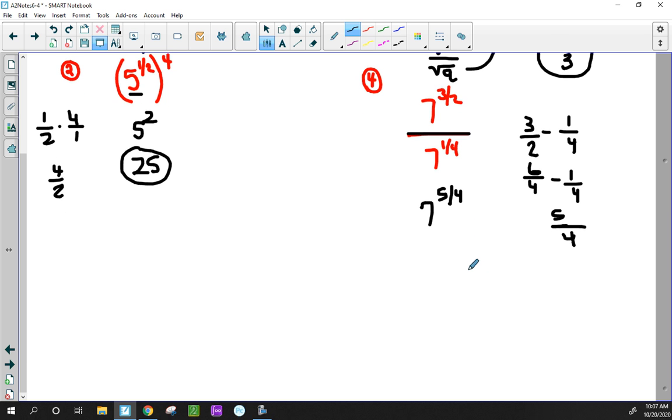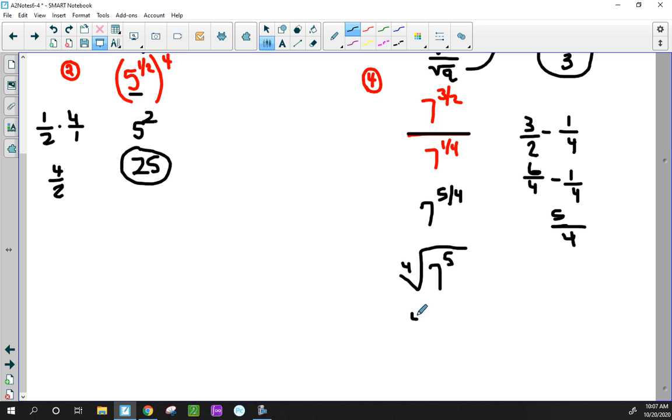Okay, again, it says simplify, so we have to keep going if we think we can. One thing, if you're not sure, you can always revert back to radical form. I suggest you do that. Bring the 5 down as the power on 7, and it is a 4th root, so 4 is your index.